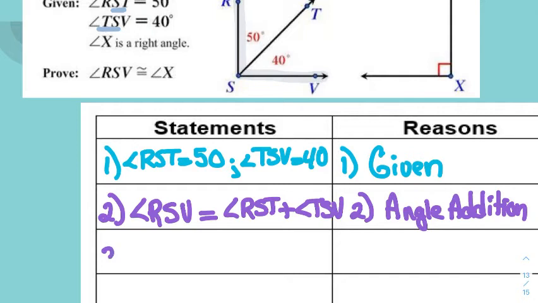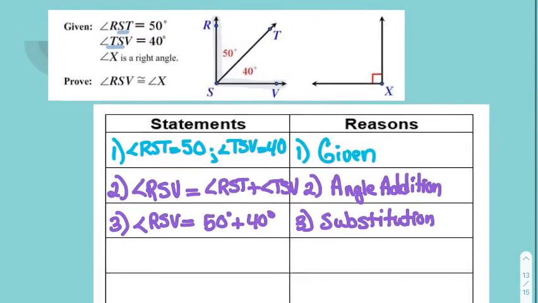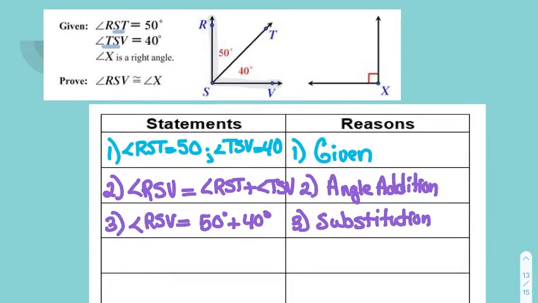All right, so let's plug in what we know. So angle RSV, RST is equal to 50 degrees, and TSV is equal to 40 degrees, and that would be by substitution. All right, so you can see we plugged in the values that we know.